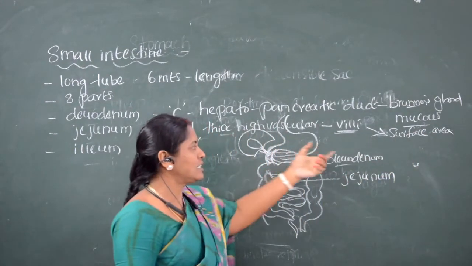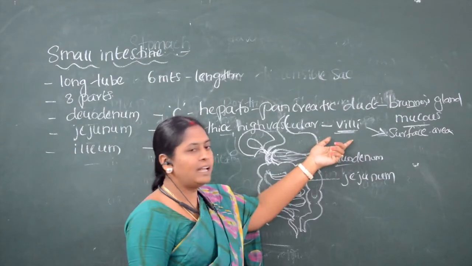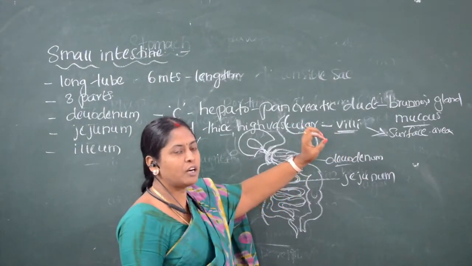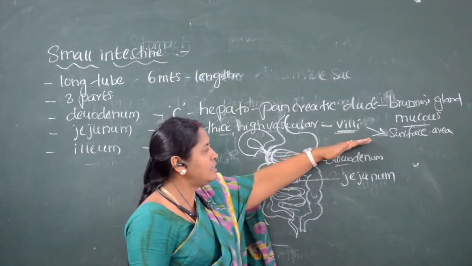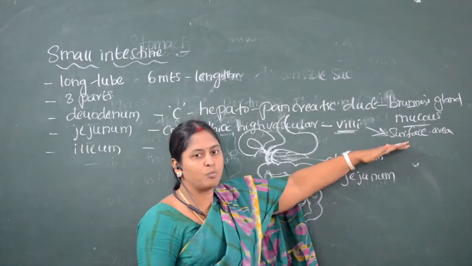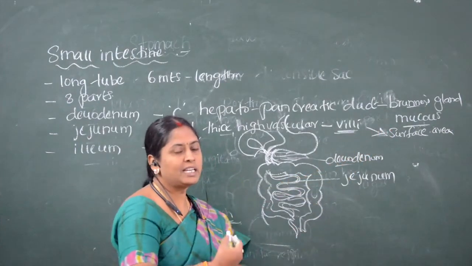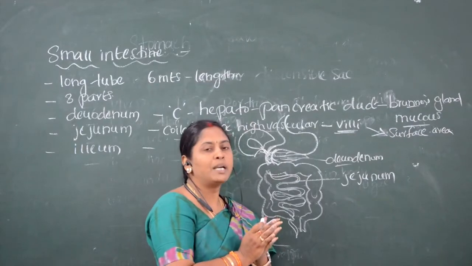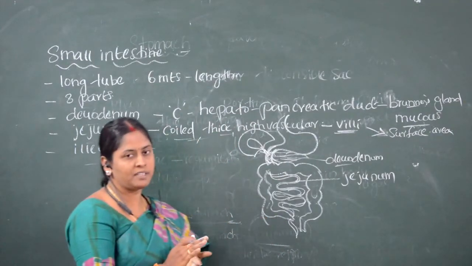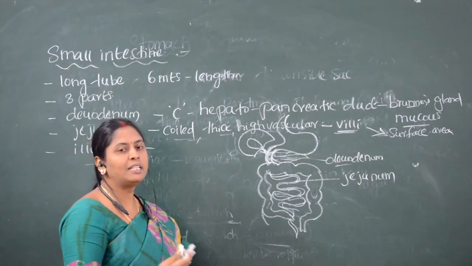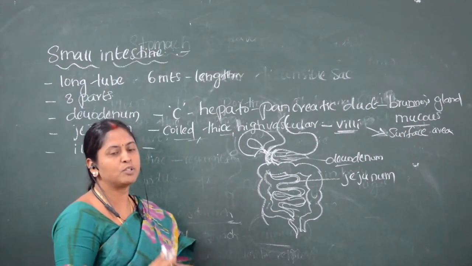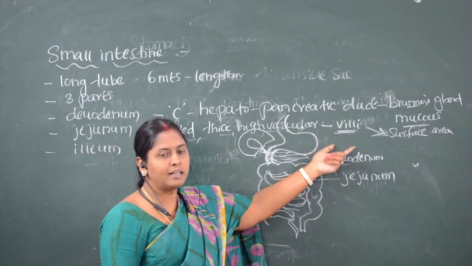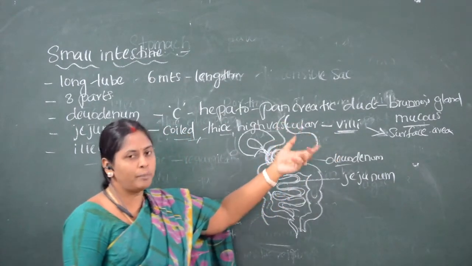Because the surface area increases, the absorption of food materials also increases.